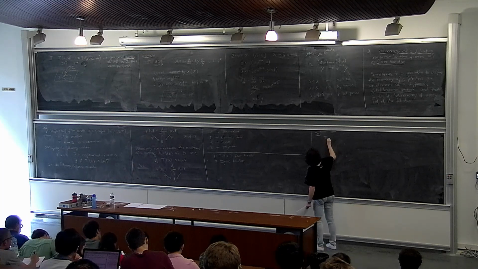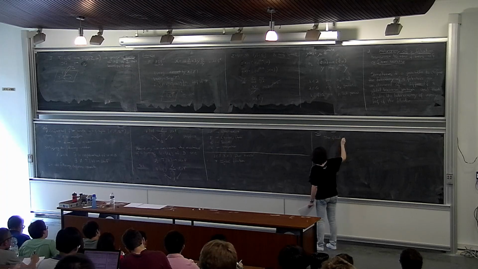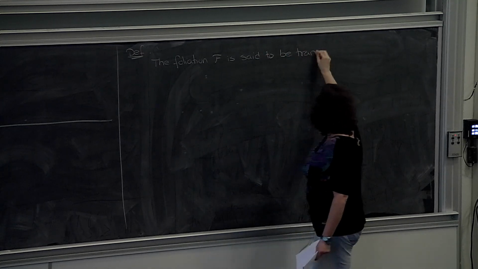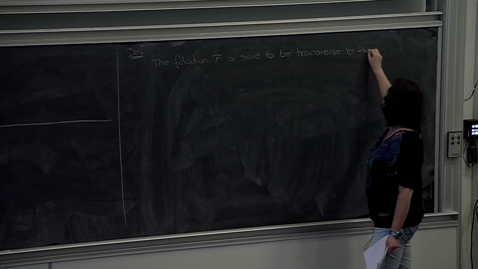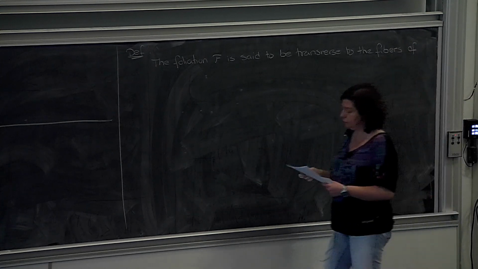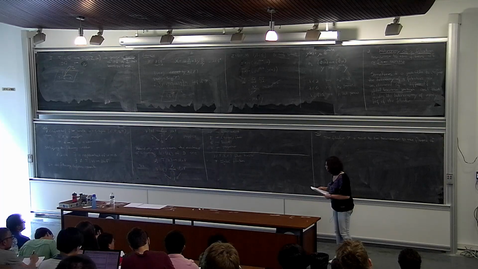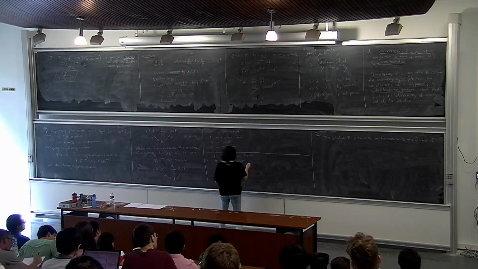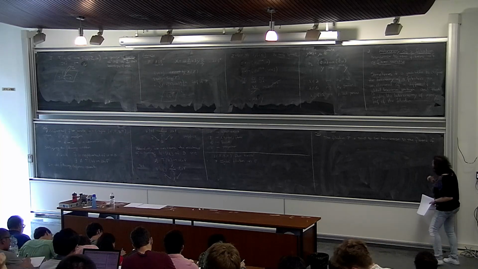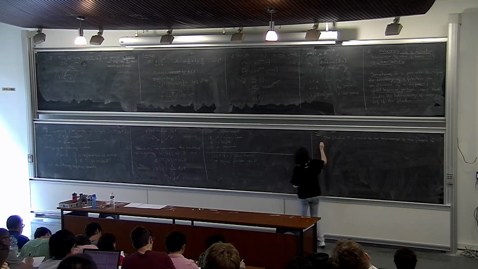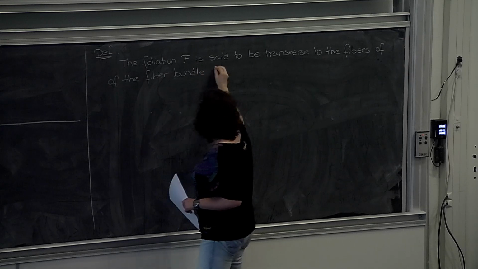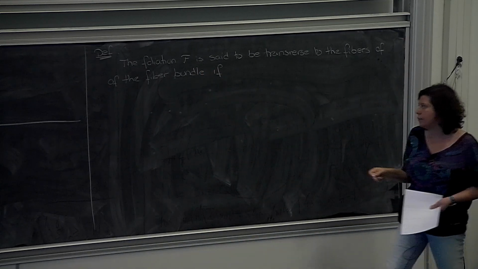The foliation F is said to be transverse to the fibers of this fiber bundle if the two following conditions are satisfied.